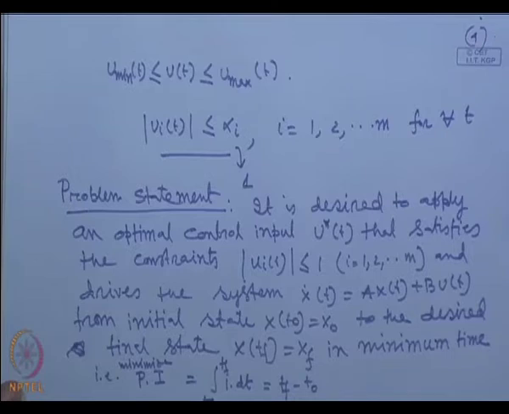If t 0 is 0, minimize t f. Agree? That is our problem. Now, you see, our integrand of the performance index is 1, it is not a function of u.